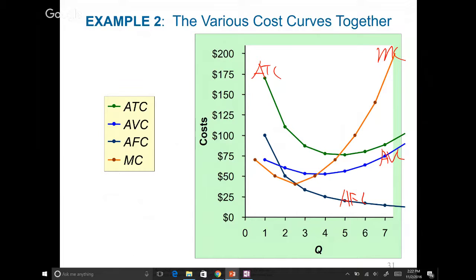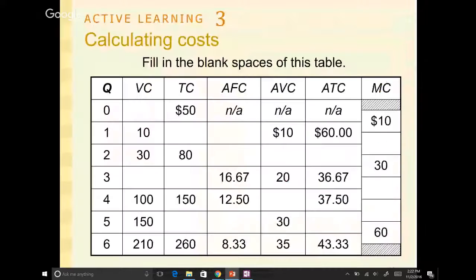If you notice, wherever the marginal cost crosses your ATC or AVC, this intersection is the minimum of ATC and the minimum of AVC. So wherever the marginal cost crosses ATC, that's the minimum point for ATC. And wherever it crosses the AVC, that's the minimum point for AVC. Okay.